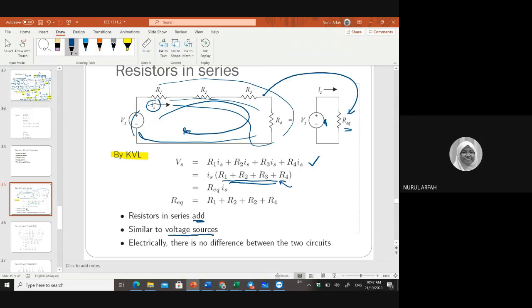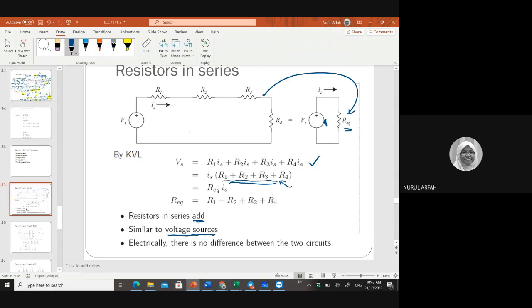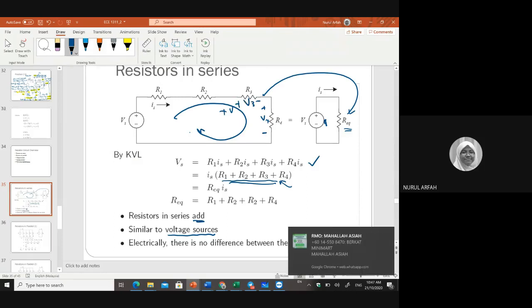How about voltage sources? Since we apply KVL in a series closed loop like this, all voltages can be added in series. Meaning if you have a voltage drop across R4 here, then you can add it up.